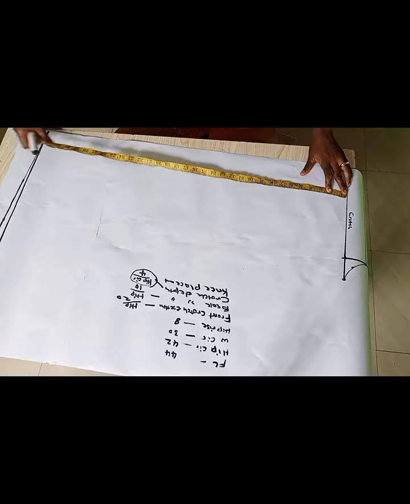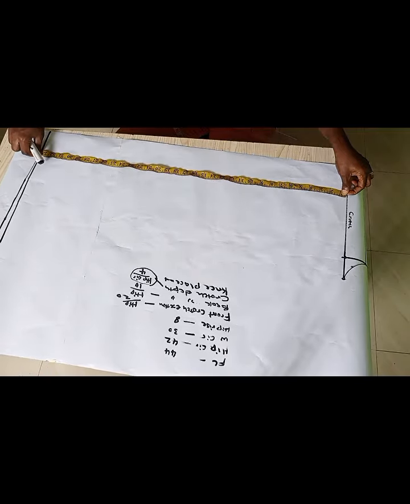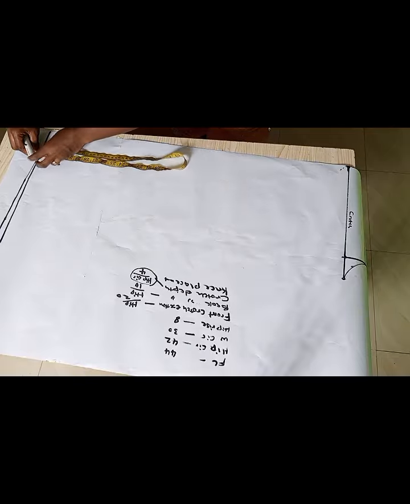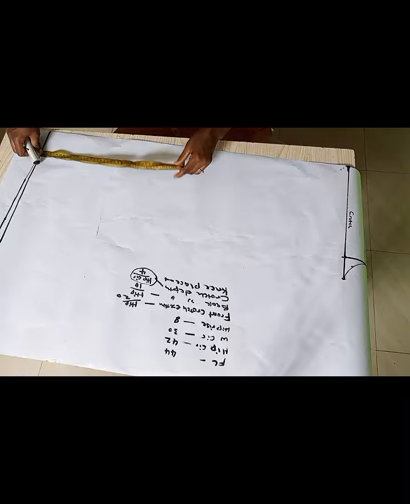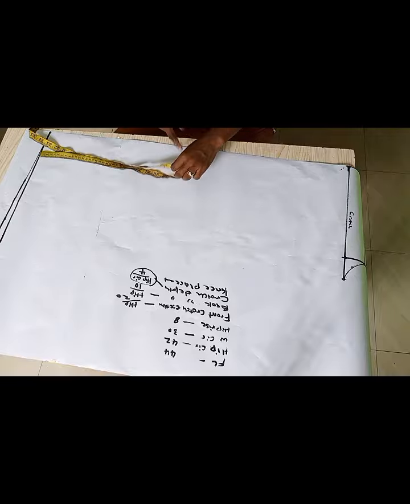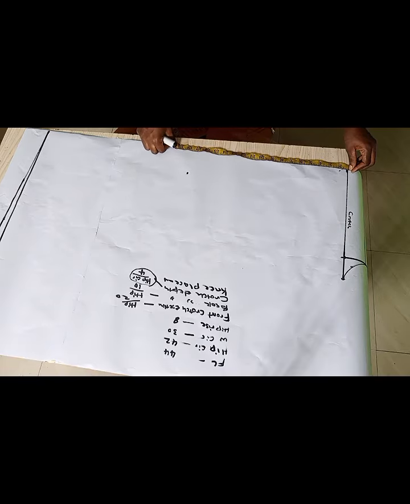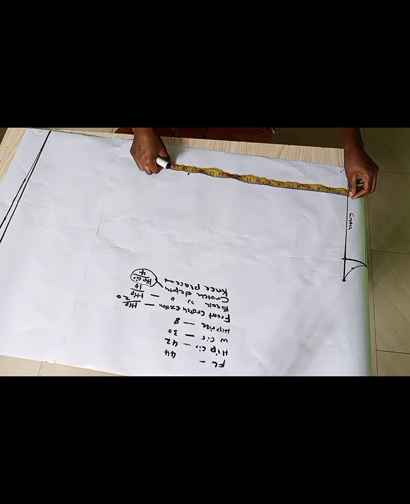So from the crotch line, you get to your full length, and then you trace the midpoints like this. You fold it over. So we have our midpoints here. Now you will insert a straight line, but before you get a straight line, you have to measure what you have here.